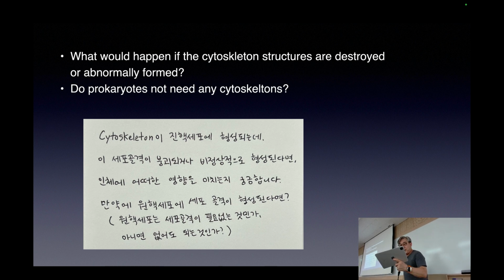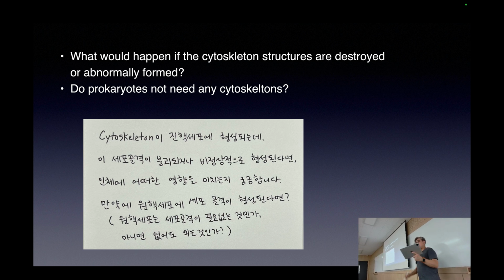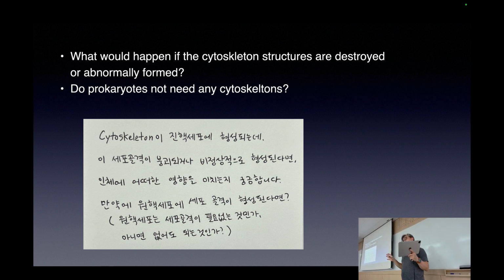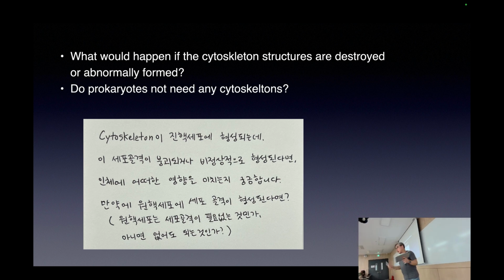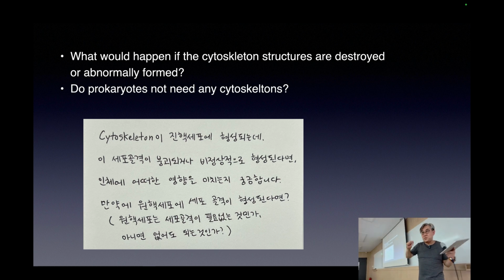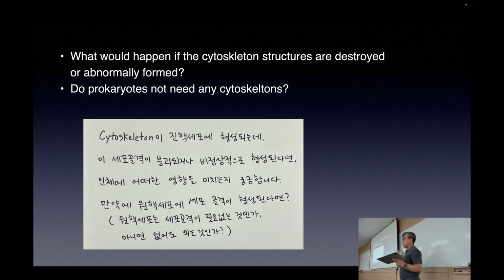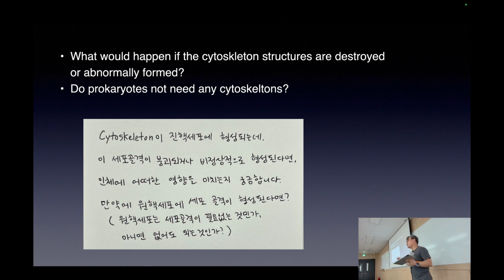what would happen, and there was another very similar question, if the cytoskeleton is destroyed or malfunctioning, and what would be the outcome? There are two different ways we can look at it. Cytoskeleton is extremely important. If you have a malfunction in any of its functions due to abnormal structure, formation or destruction, then obviously there are huge effects at the cellular level as well as the individual organism level.